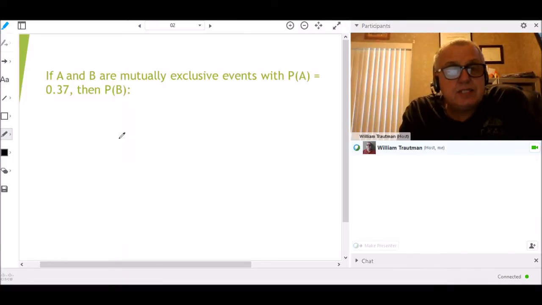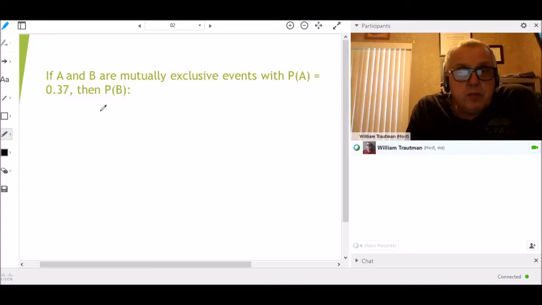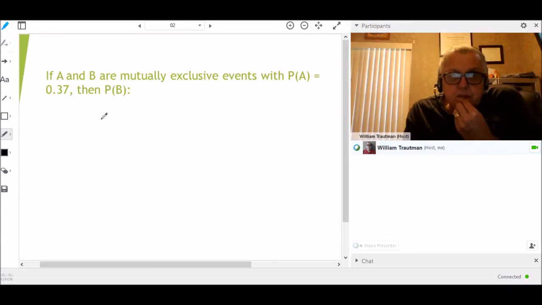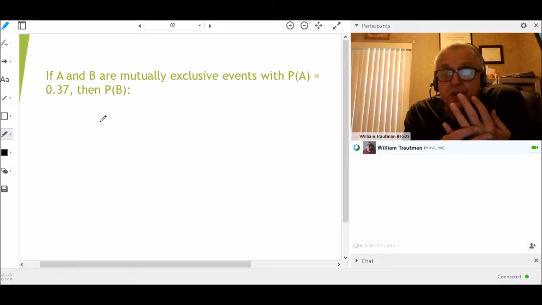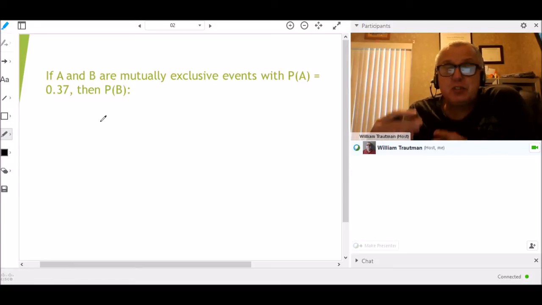If two things are mutually exclusive, that means they have nothing in common between them. In other words, their probabilities are going to add up to 1. Very similar to the last problem we had.